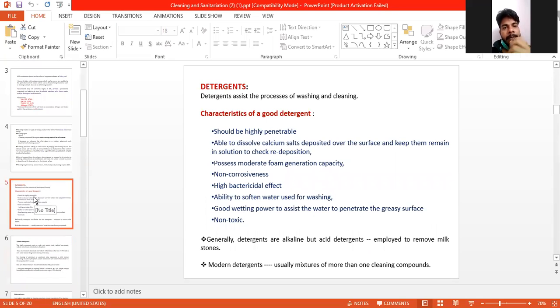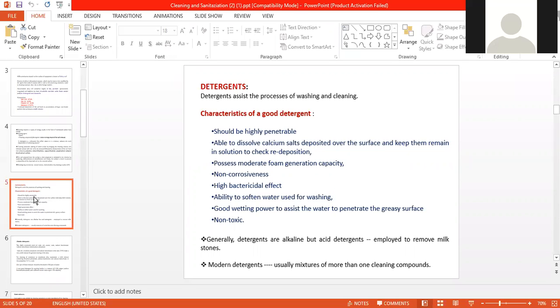So what are the good properties of detergents? Detergents assist in the process of washing and cleaning. What are the characteristics of a good detergent? It should be highly penetrating, so that it is able to remove the soil or particles from the equipment.